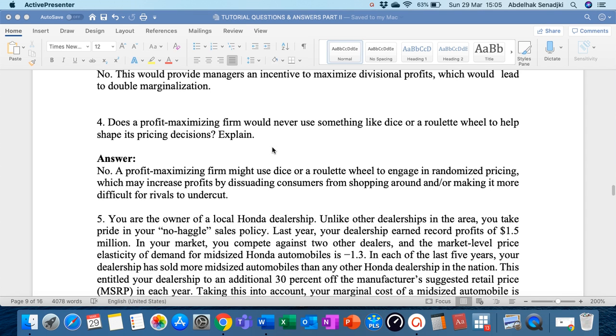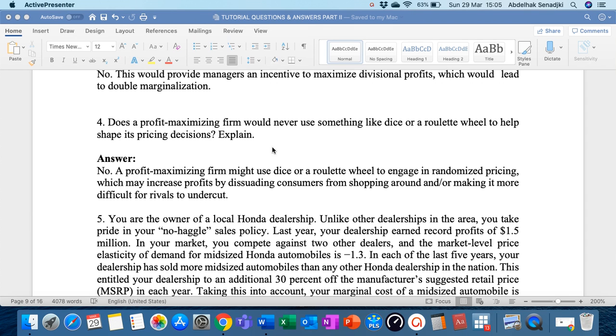Number 4, thus a profit maximizing firm would never use something like dice or a roulette wheel to help shape its pricing decision. The answer is no. Yes, a profit maximizing firm may use a dice or a roulette wheel to engage in randomized pricing, which may increase profit by dissuading consumers from shopping around and or making it more difficult for rivals to undercut.